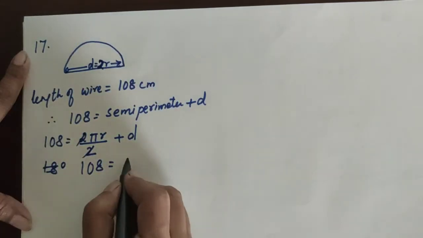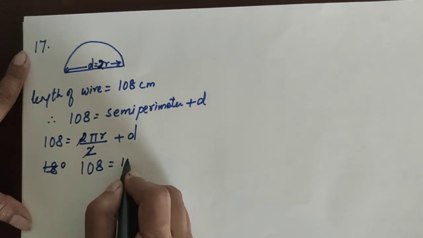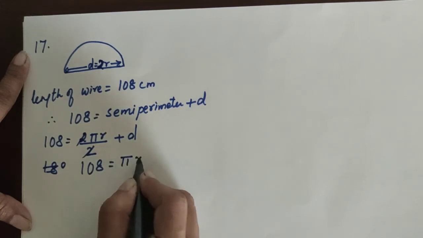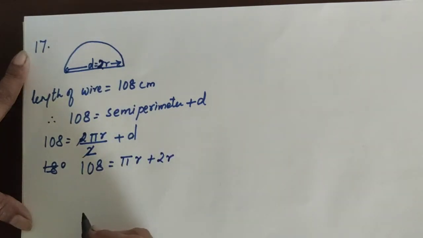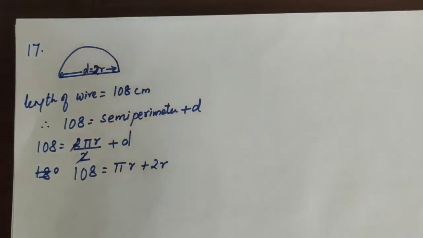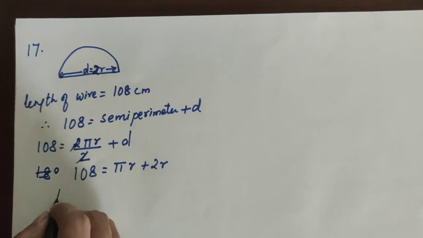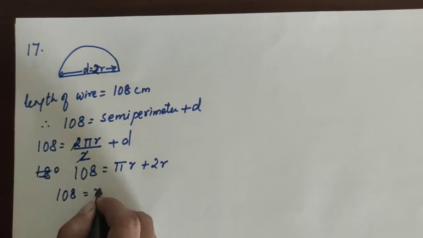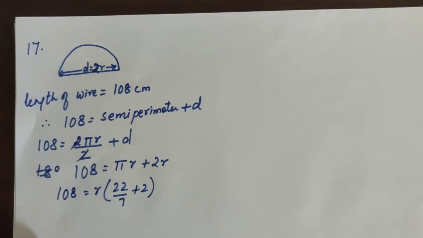So pi r, and d is equal to 2r. So it is 108 equals pi r plus 2r. So you can take r as common. Pi is 22 upon 7 plus 2.